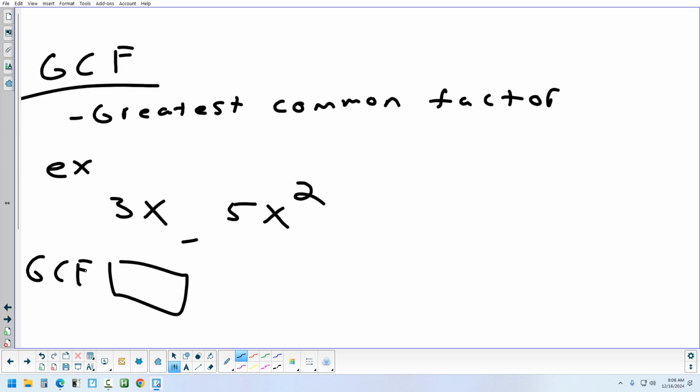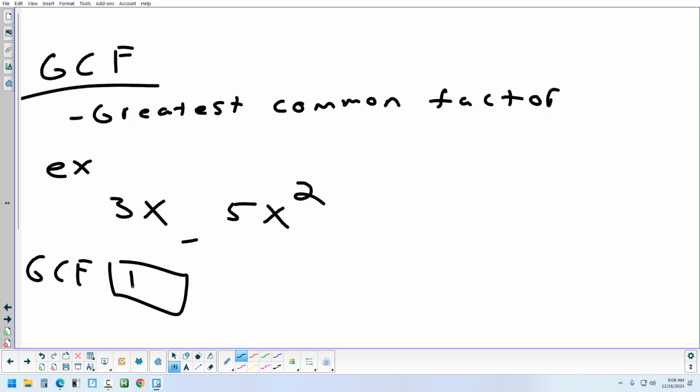Find the biggest number that goes into both 3 and 5 without a remainder. 3 goes into 3, but 3 doesn't go into 5 without a remainder. So in this case, the biggest number is 1. They don't have any other number in common. So the GCF is a 1.